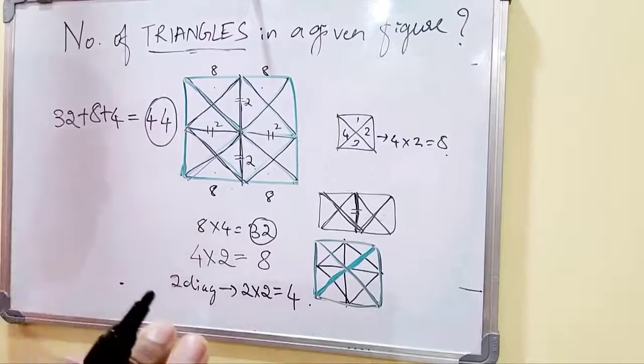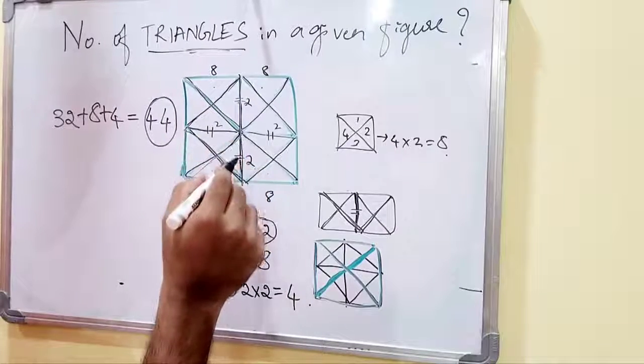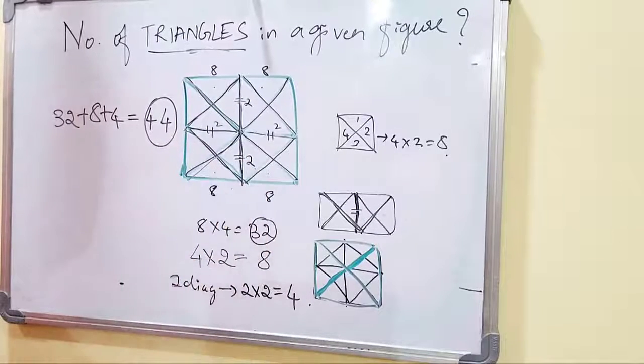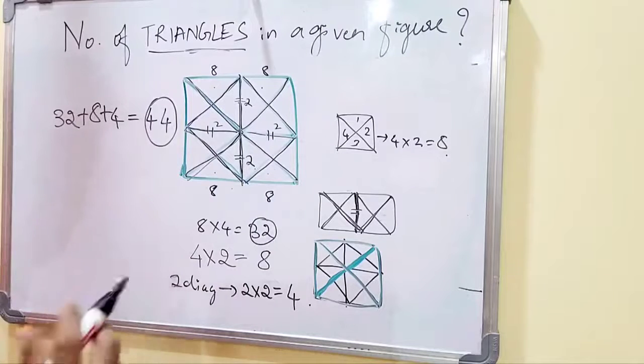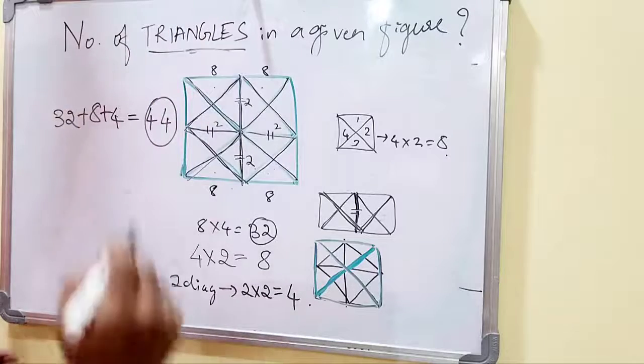So the trick is, know the basics, apply the basics to individual figures, then make observations. Lines contribute two triangles, and the diagonal contributes two big triangles.